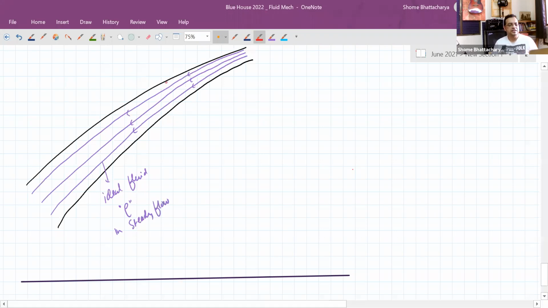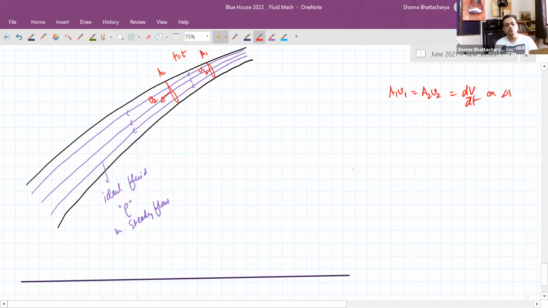Now let's consider a section of this fluid bounded by these two cross sections, a volume of fluid between these two boundaries at t equal to t. This is where the fluid section is located. This cross section is moving at a speed v2 and this cross section is moving at a speed v1. And we know that A1 v1 is equal to A2 v2, which will be equal to the volume rate of flow.